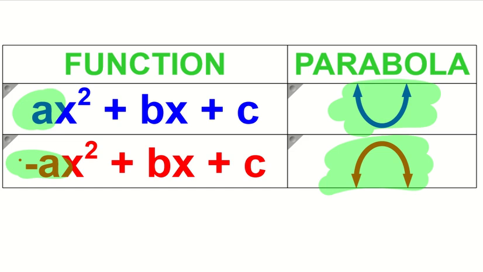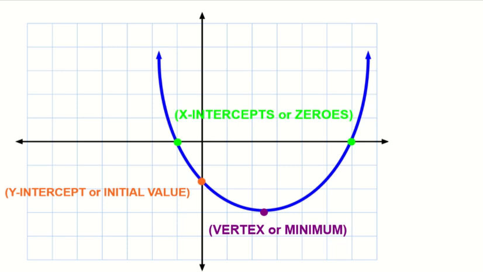Positive people smile, negative people frown. Positive A looks like a smile, negative looks like a frowny face. Make sense? Sometimes you have to match the function to a graph, and that usually eliminates two of the answer choices, because two of them will have the smiley face, two of them will have a frowny face. All right, so you need to label these parts on your pictures.